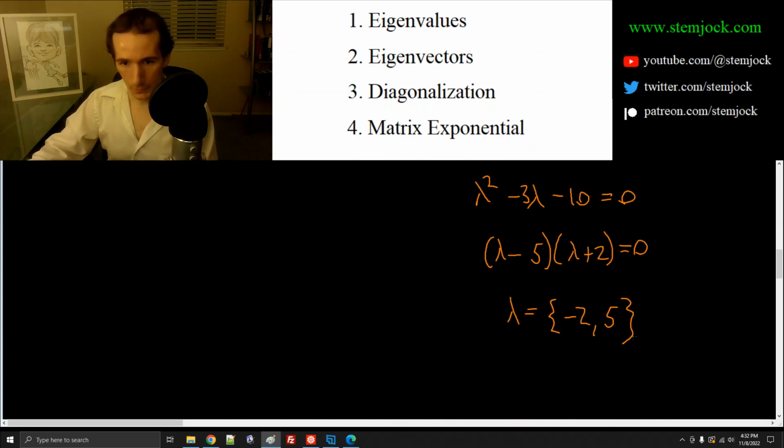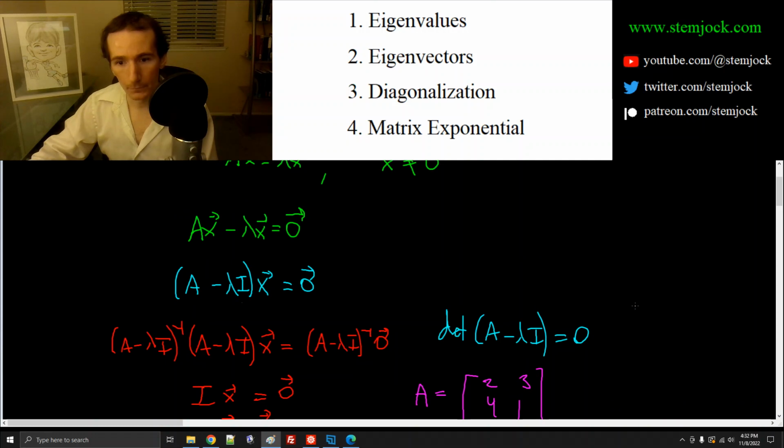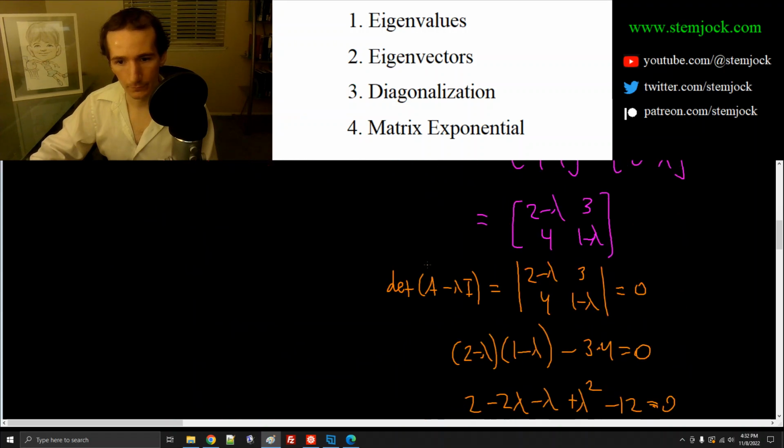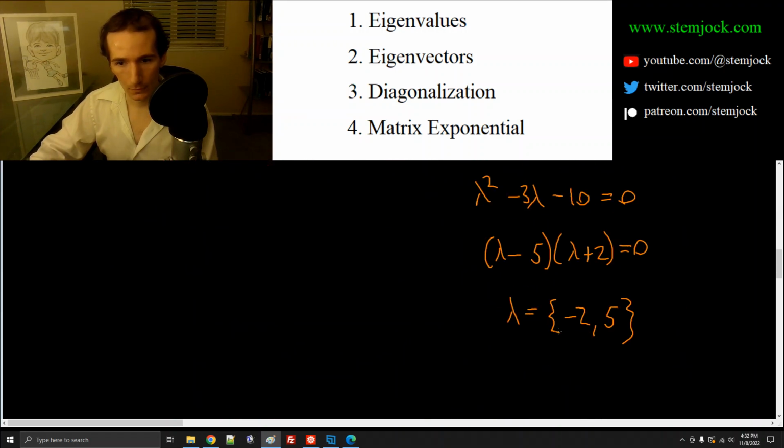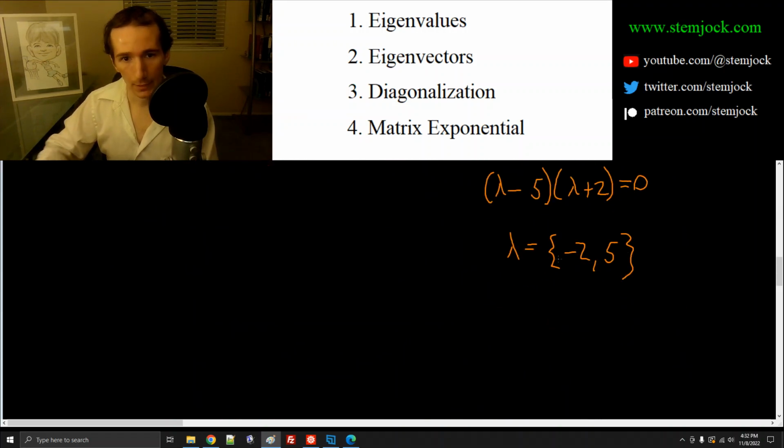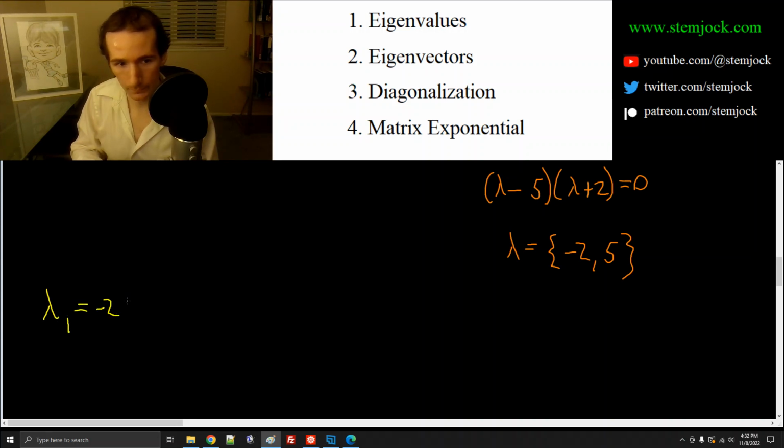So these are the eigenvalues, and now I'm going to go about finding the eigenvectors by plugging them into this equation here. I'm going to do this for each of the eigenvalues. So I'm going to call lambda 1 the first eigenvalue here, which is going to be -2.